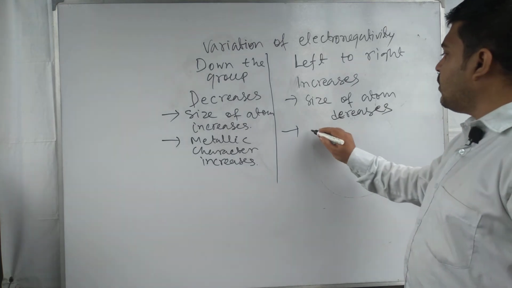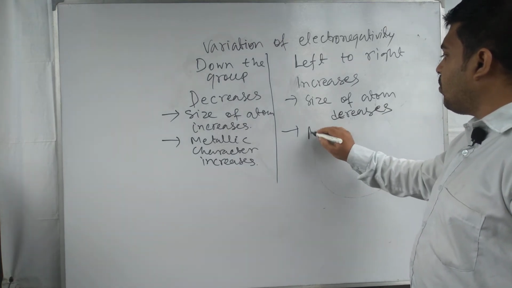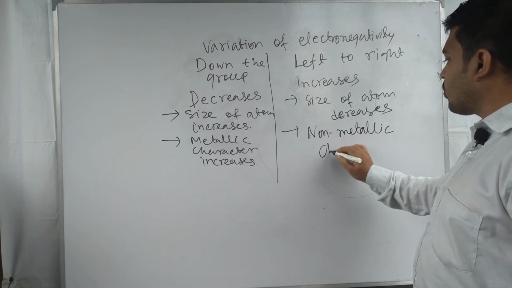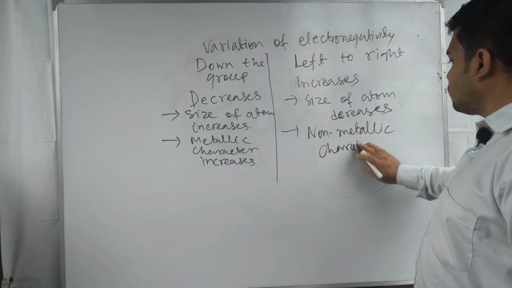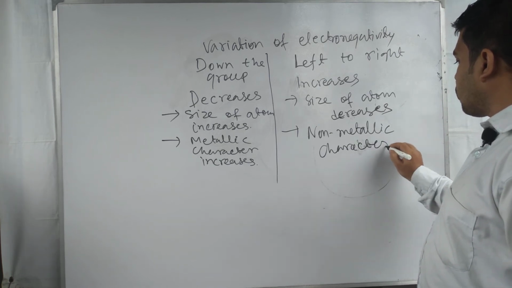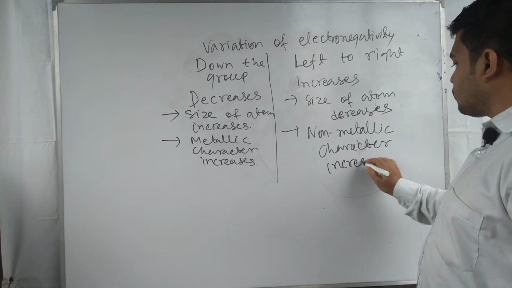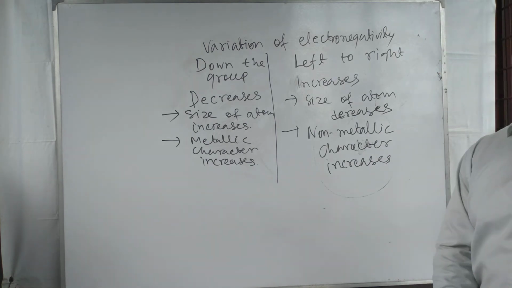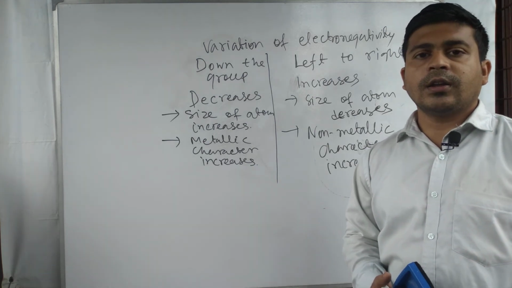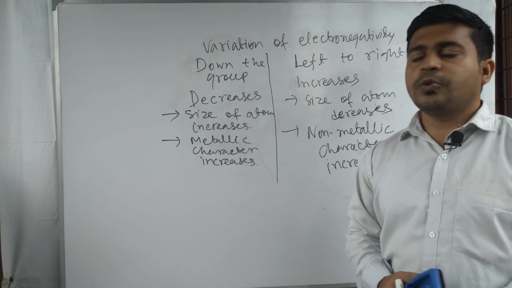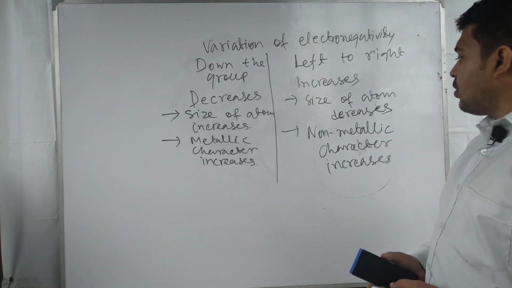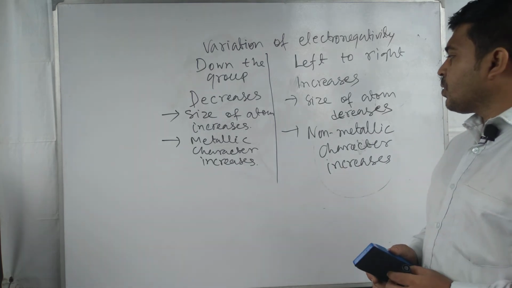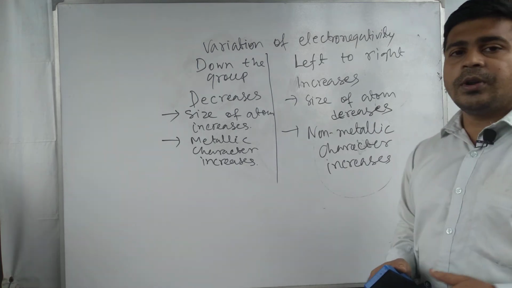Another reason is that non-metallic character increases if we move left to right in the periodic table, means metallic character becomes lesser from left to right. So for that reason, from left to right the electronegativity value increases.